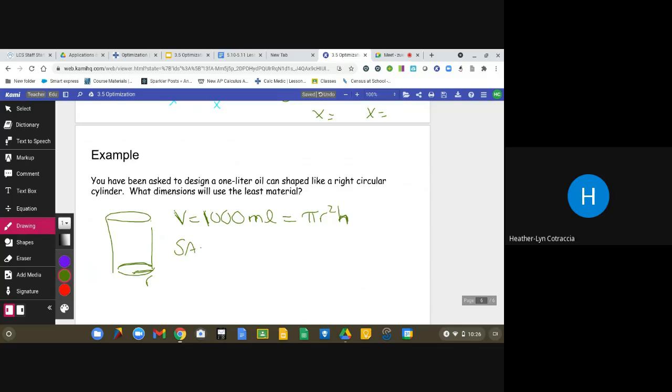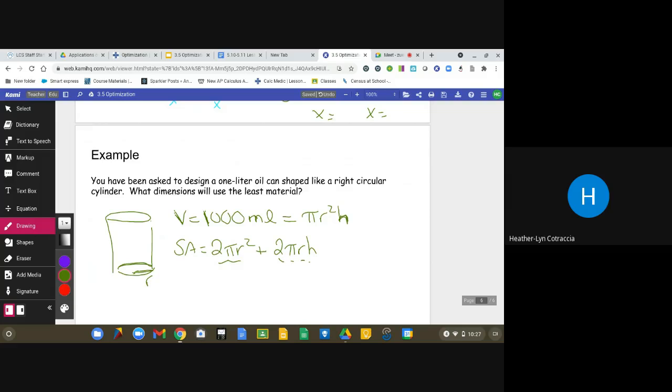So surface area will be 2 pi r squared, one for the top and one for the bottom, and then plus the circumference, which is 2 pi r, times the height, because that's the entire label on the can. So this equation is the label and this one's the top and the bottom.